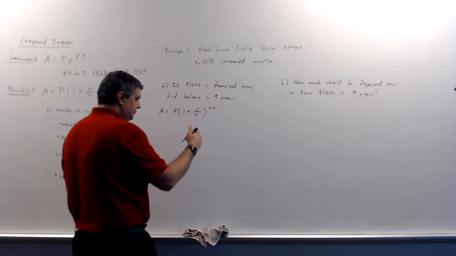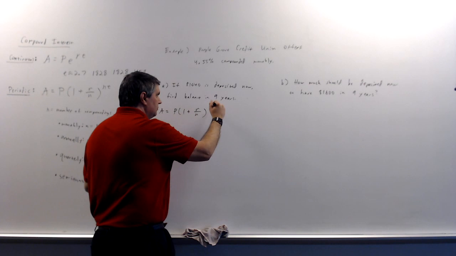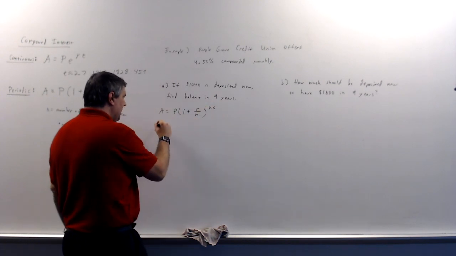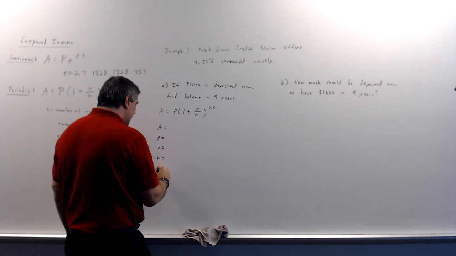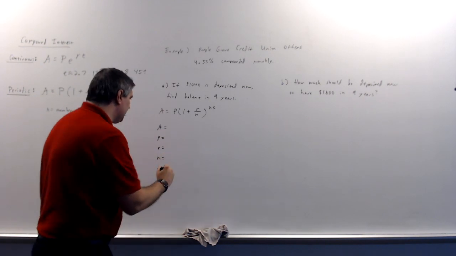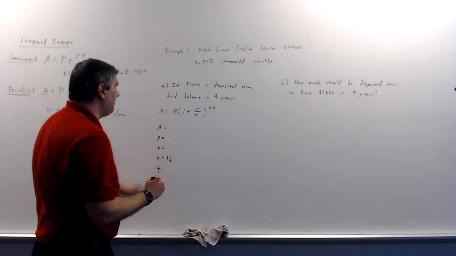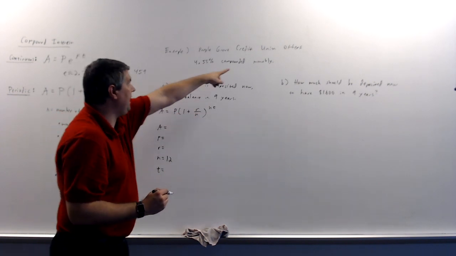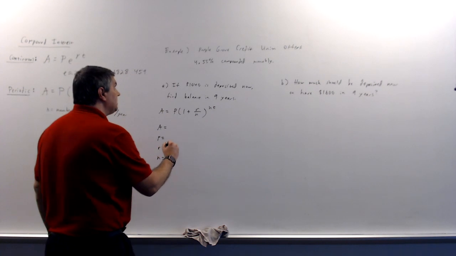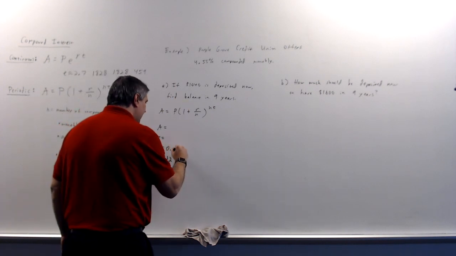A equals, P equals, R equals, N equals, and T equals. So N is 12, it's compounded monthly. The rate is 0.0455.